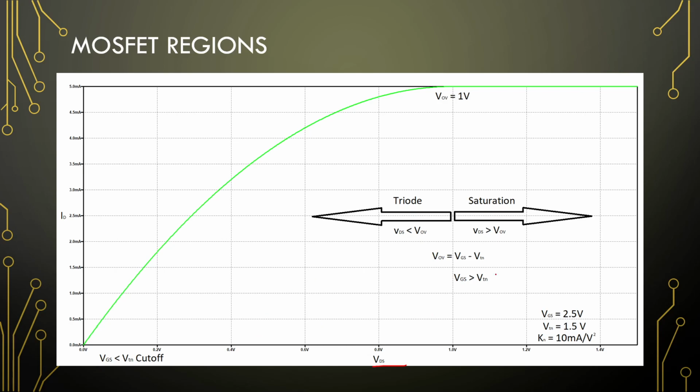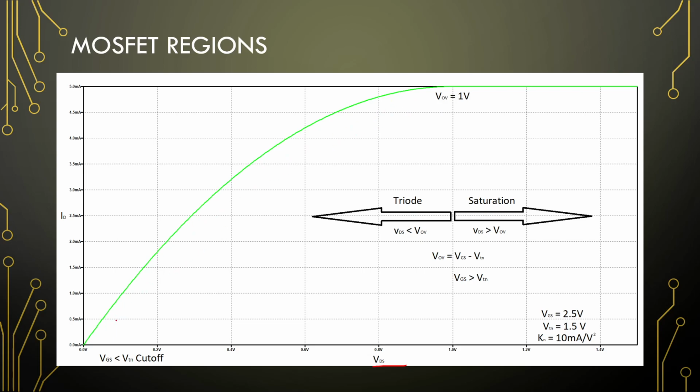Okay, so for this setup, I use the VGS of 2.5 volts. Our MOSFET has a threshold voltage of 1.5 and a transconductance of 10 milliamperes per volt squared. Okay, so notice as the VDS voltage gets increased, we have this non-linear graph here.